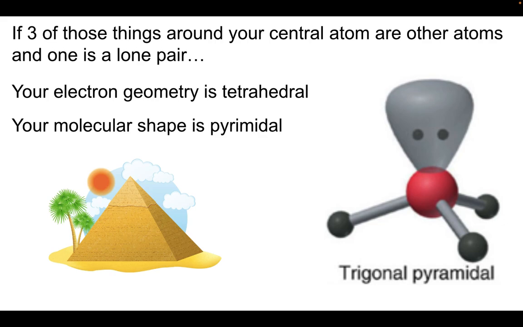If one of those things is a lone pair, okay, so if you have four things, your electron geometry is tetrahedral, but your molecular shape is pyramidal or trigonal pyramidal. And you can see it creates this pyramid shape around your central atom.